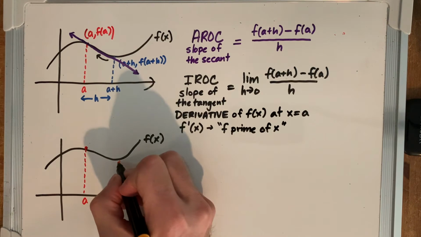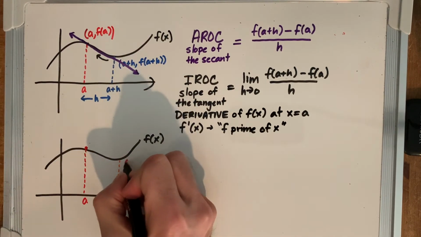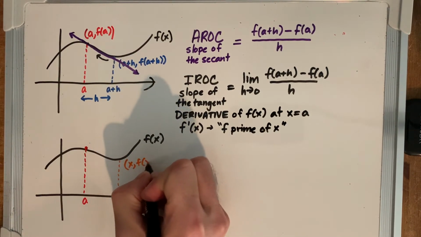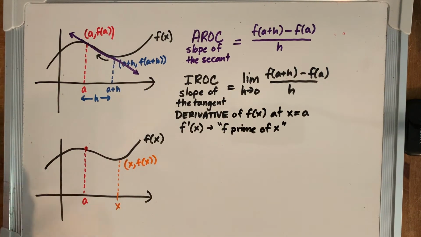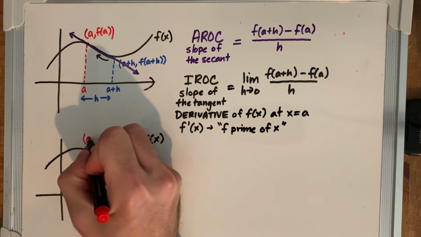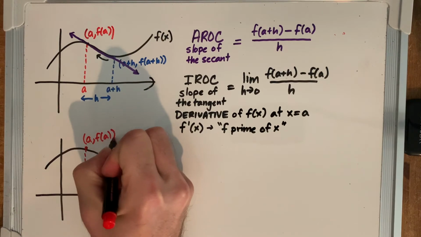And so now this point, instead of being defined in terms of h, is just x, f of x. And our point at a is still a, f of a.